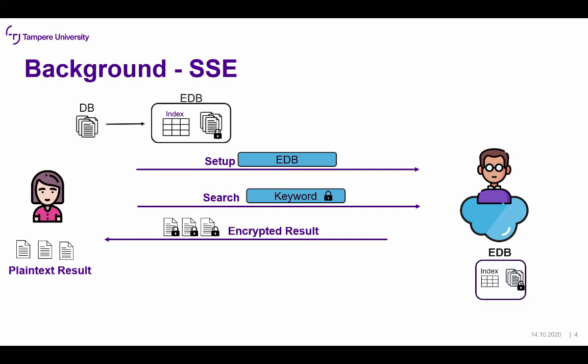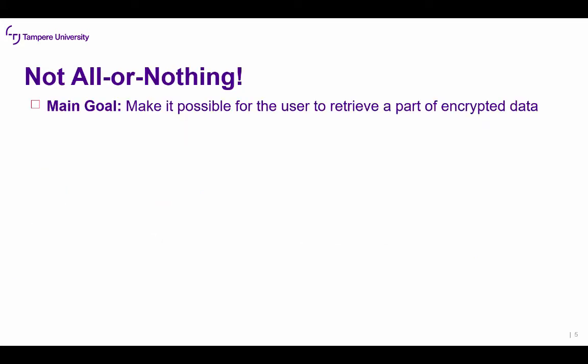Now, even though there are many works on the field of SSE, we have identified a gap in the literature when it comes to symmetric searchable encryption and access control. And this has been our main motivation for this work.